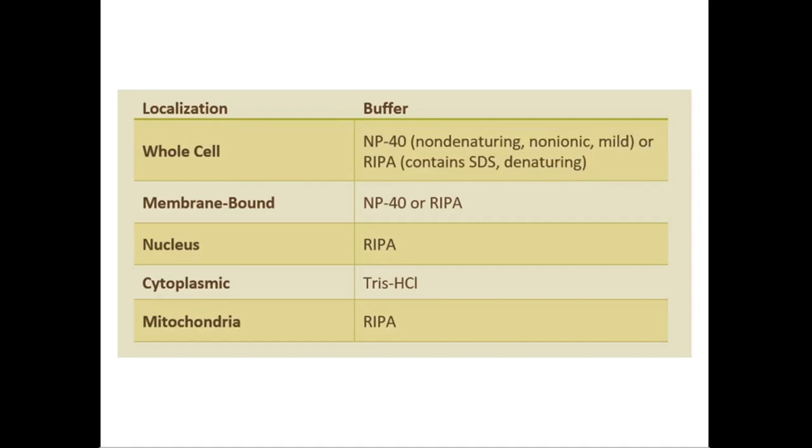A composition of lysis buffer which is very good for membrane bound proteins may not extract the analyte in large quantity and highest purity if the analyte is present somewhere in the cytoplasm or mitochondria. That is the reason why a different lysis buffer composition is needed to obtain a high yield and purity of the target molecule.